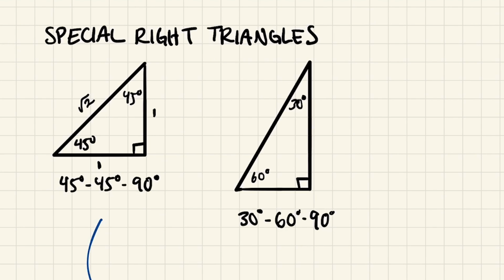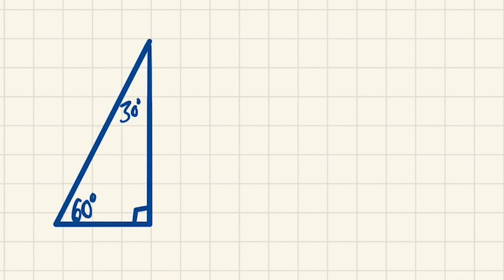All right, let's look at the 30, 60, 90 and do something similar to it. Let's decree that the small base here is 1, and this time this is not an isosceles triangle, which means we don't know any of the other side lengths. So we're going to perform a little move where we create a second one of these triangles and place it adjacent to the first one. So we have another 60-degree angle here and a 30-degree angle here.